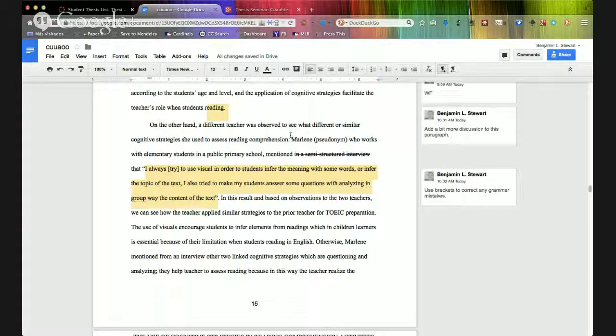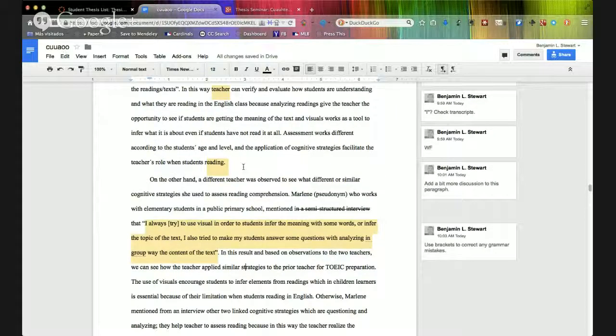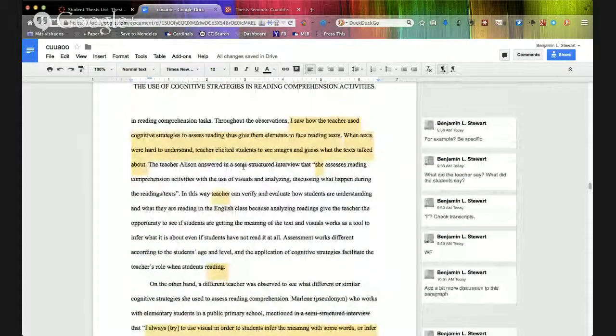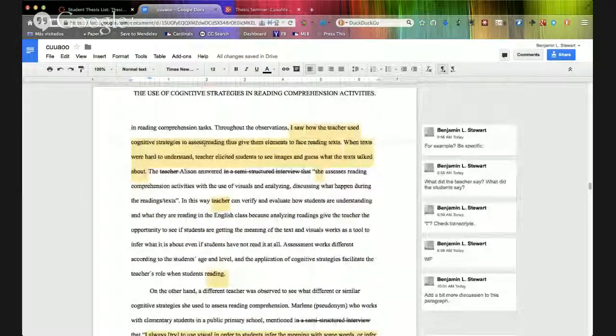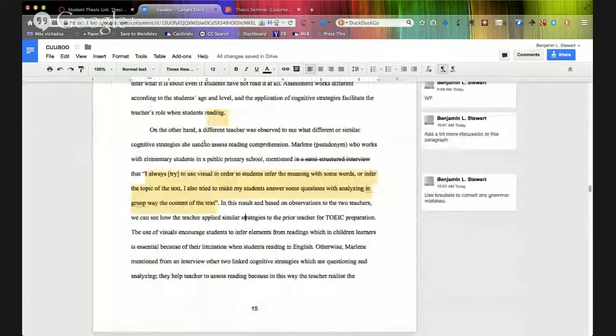Now, you're mentioning here, Marlene, are you still talking about visuals? Well, like here you talk about the use of pictures to assist students, okay. And you talk about visuals. Then, on the other hand, different teachers observed, see what different strategies used. Aren't you still talking about visuals?